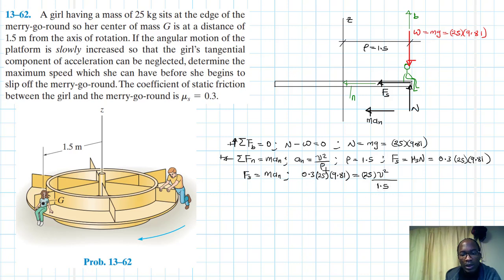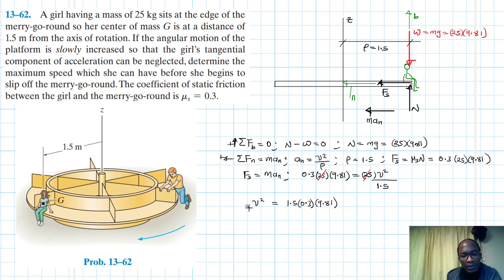So we can cancel out 25 and 25 there before we even begin the calculations, and then our v squared is just equal to 1.5 by 0.3 by 9.81.